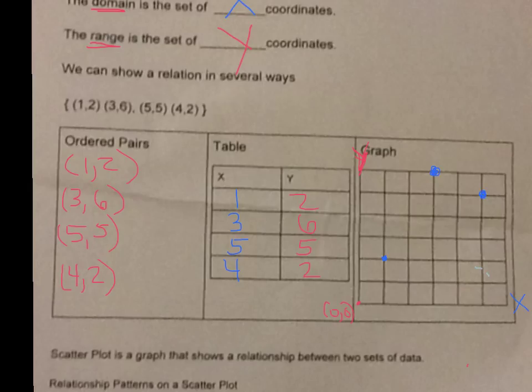And my last is 4, 2, and I go over 4, 1, 2, 3, 4, and up 2, 1, 2. Now it's important that you remember you always do your x's first and then your y's.